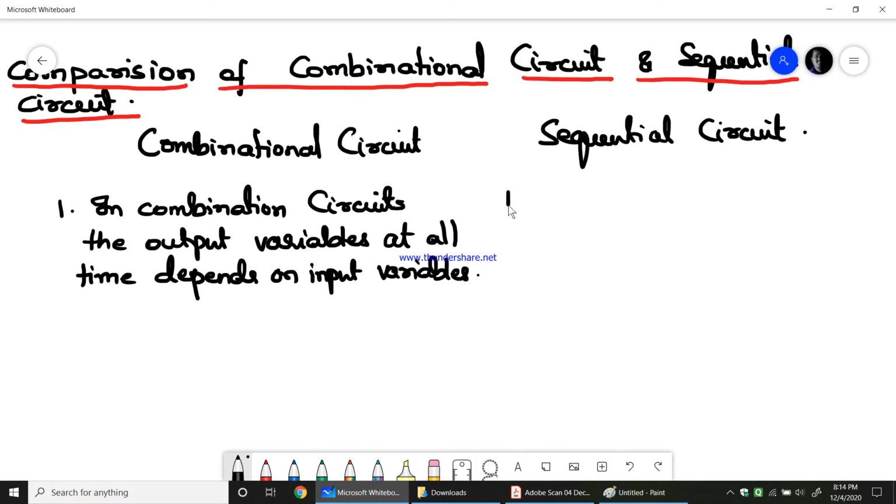Whereas in a sequential circuit, the output depends not only on the present input, it also depends on the past history of the input variables.